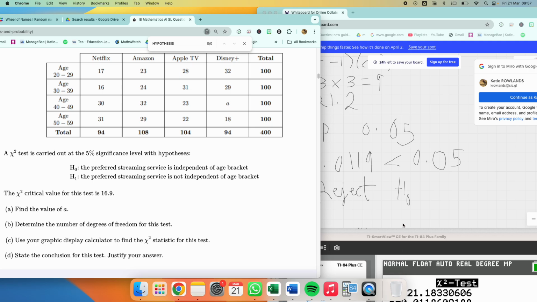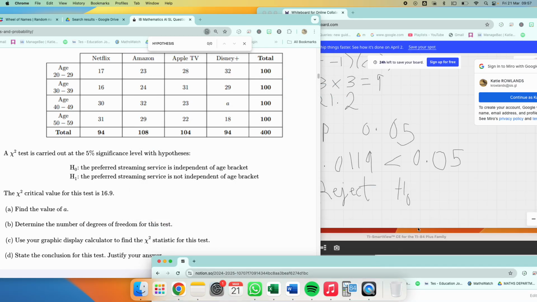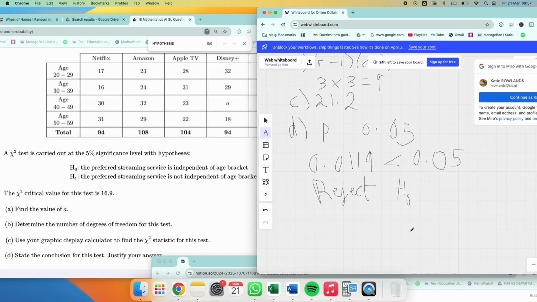So again, to keep this consistent with what I did on the whiteboard, we are going to put 16.9 on the right-hand side, which is the given number, and then we're going to compare it with the chi-squared statistic from the calculator, which is 21.2. If the calculated value is bigger than the one given in the question, then we also reject H0, because we've got two different inequalities, but they both point to the fact that we're rejecting H0.